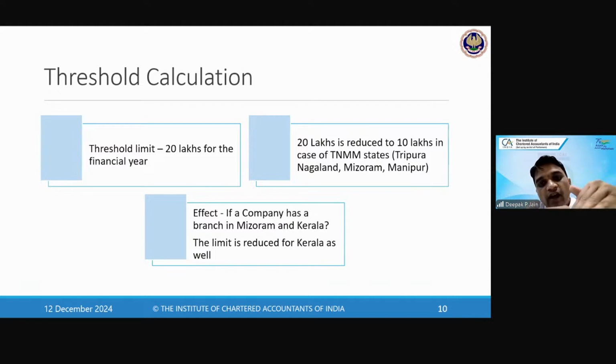So you will have the limit of 10 lakhs applicable to Kerala also, which means that if you are doing a turnover of 11 lakhs in Kerala, even though the limit is 20 lakhs, once you do 11 lakhs you will have to take registration, because that limit gets reduced to 10 lakhs for you in Kerala, as you have a registration limit of 10 lakhs in a special category state.